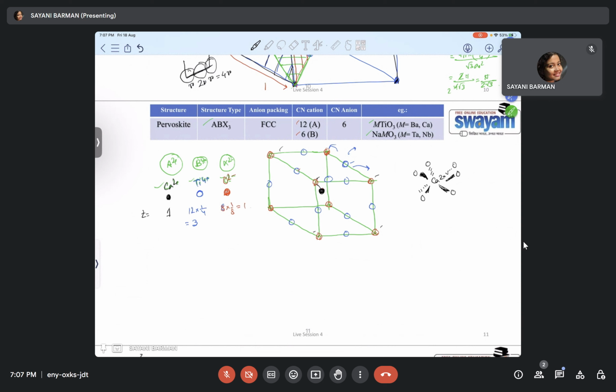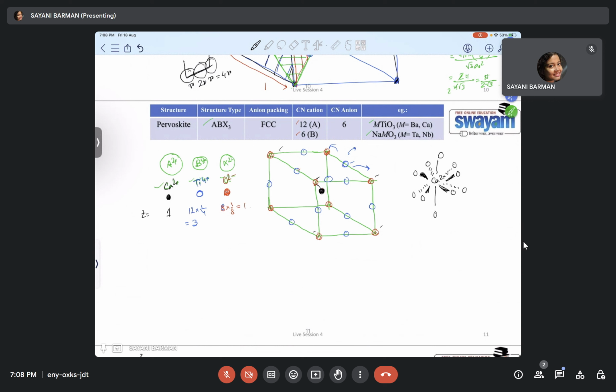Let's draw here oxygen, oxygen. So here are four. Now this comes as eight, right? But the coordination is 12, so how is it coming? These oxygens are coming from the other lattices. So this will be the point for Ca2+.